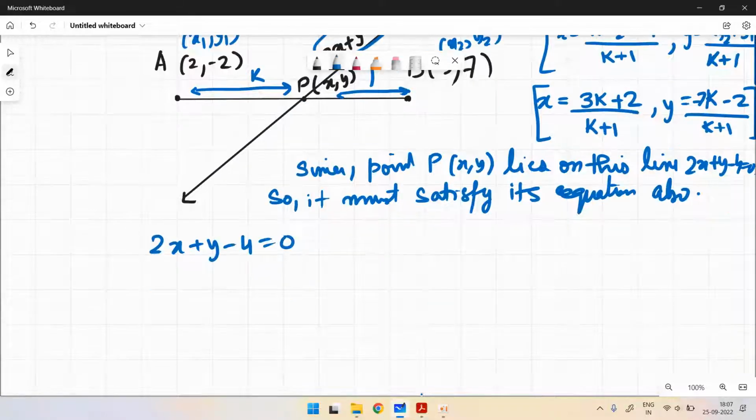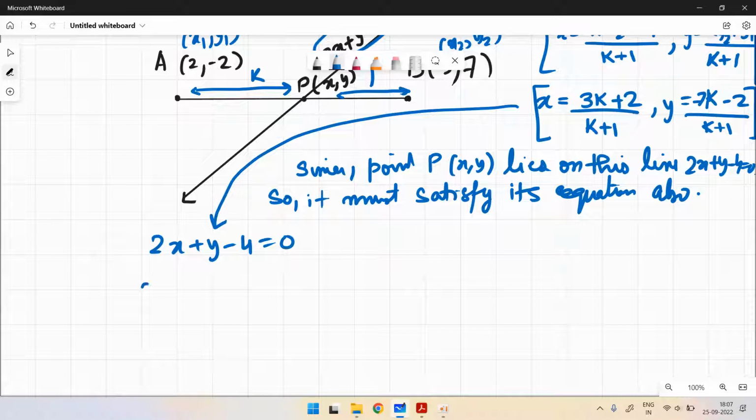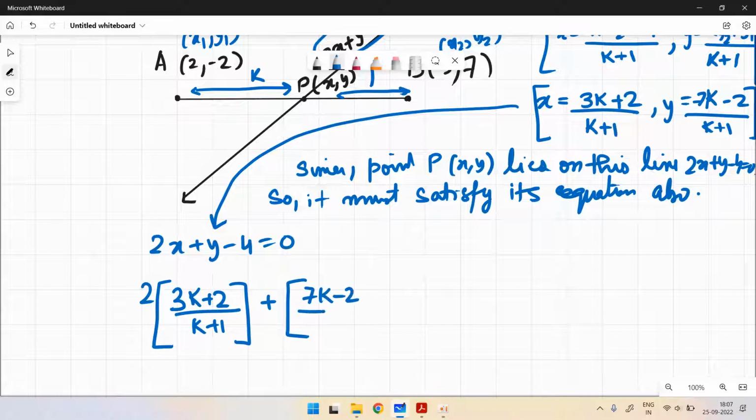Now you will substitute the values of x and y from this. So instead of x I am writing (3k + 2)/(k + 1), plus y, which is (7k - 2)/(k + 1), minus 4 equals 0.